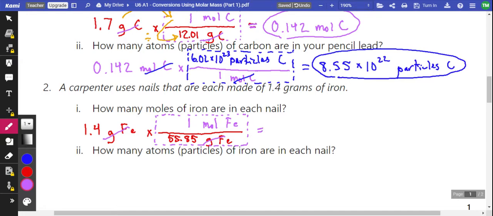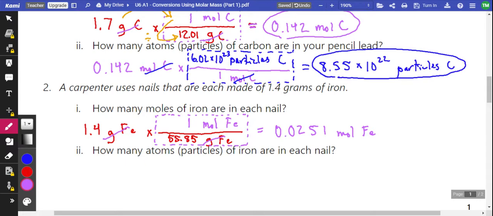So let's plug it into a calculator. 1.4 times 1 divided by 55.85. We get 0.0251-ish, something in that ballpark, moles of iron, of Fe.